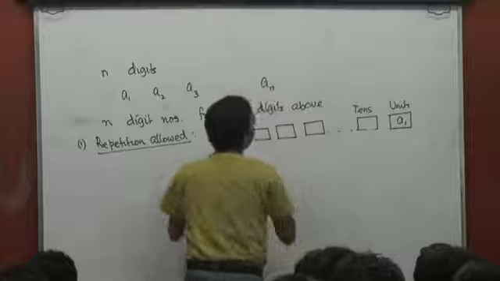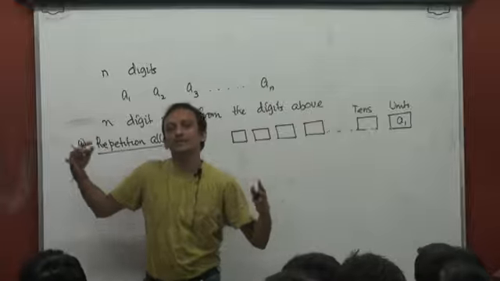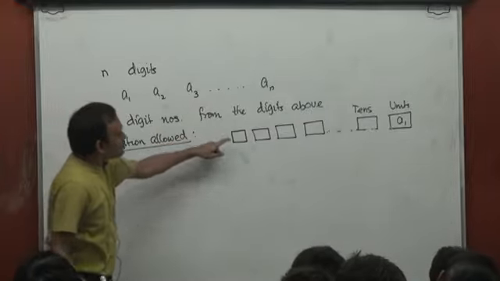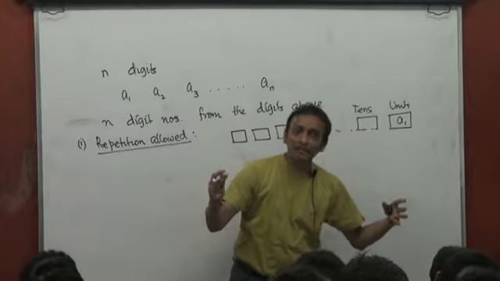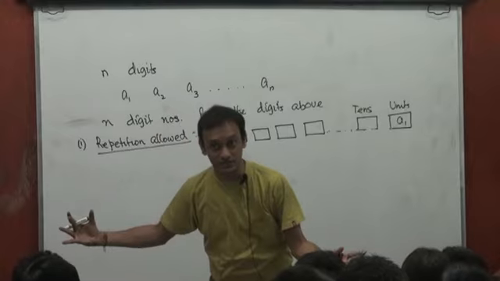Obviously, just because I have filled up A1 here does not mean that I can't fill up A1 anywhere else. That means for each of these spots, I still have n possible ways of filling it up. I'm not restricted here, right?